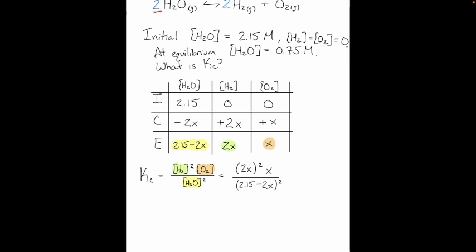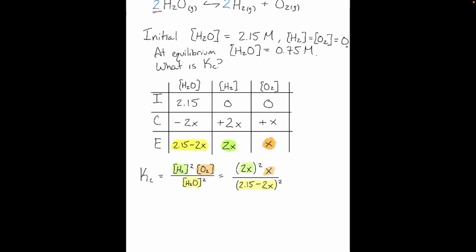Okay, so again, just make sure that you see where I got these values from. The equilibrium box for water, that's what I punch in for my concentration of water. The equilibrium box for my hydrogen gas, that's what I punch in here. The equilibrium box for my oxygen gas, that's how I got that there. Okay?